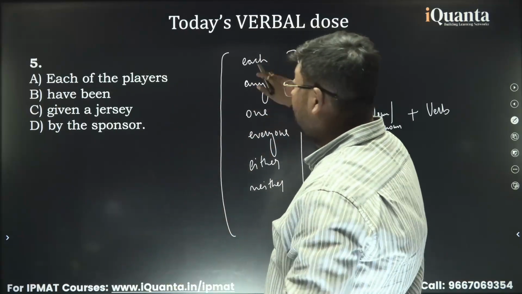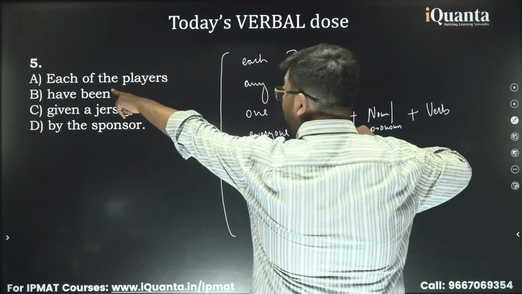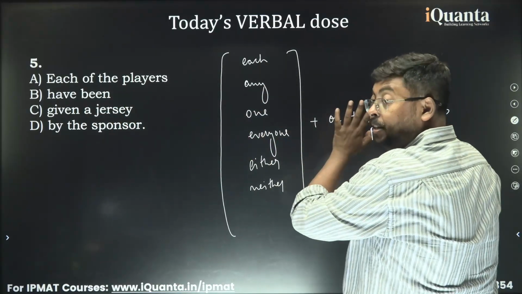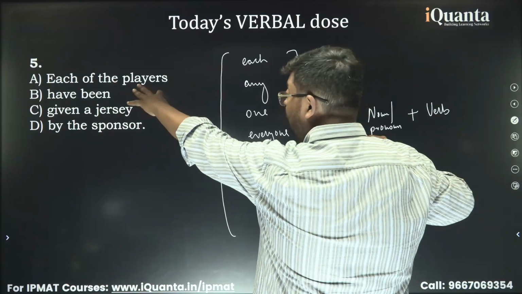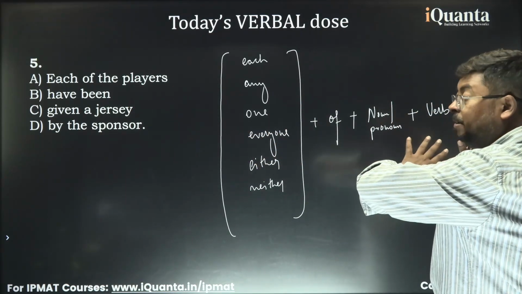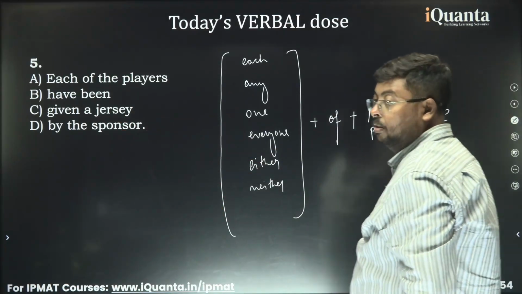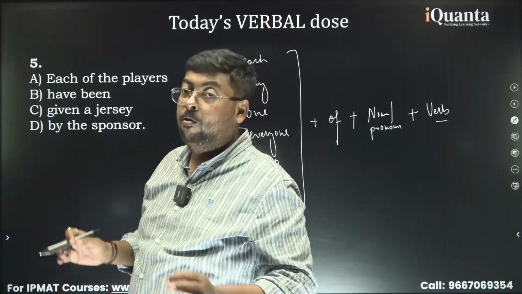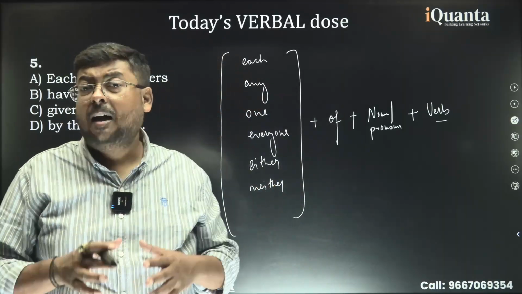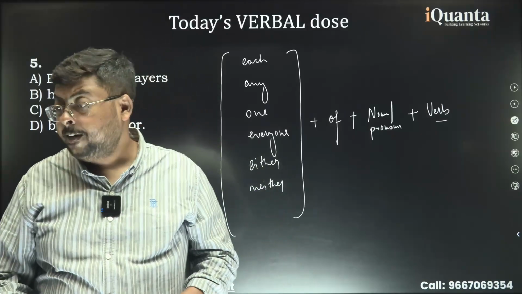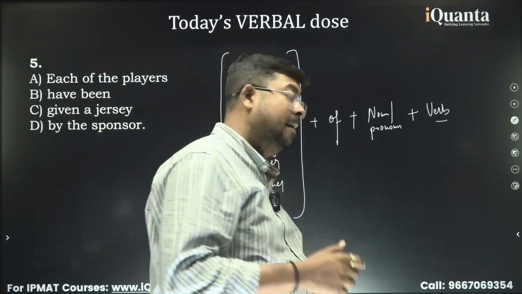Let's see. Each, yes, each is written. After that, what is there? Of, yes, of is there. Then what do we have? We have got the players, which is the noun. So the noun is here, and then it says have, which is a verb. So they are actually following the suit, in sync, right? Let's see whether the sentence is right or wrong.